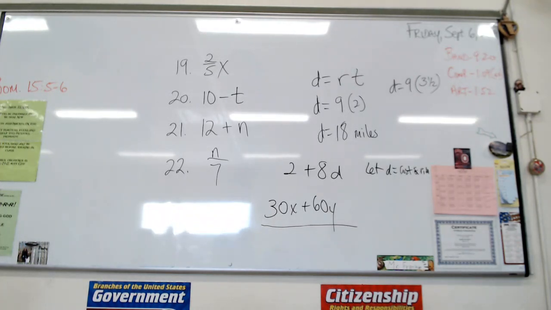Just writing that expression, 30x plus 60y, where x represents the number of 30-minute shows you watch, and y represents the number of 60-minute shows you watch. You don't know yet. I don't know how many you do, but that's just an expression. How many get it as clearly as looking out this window right here? Like you look out there, you see trees, you see houses. How many are still right here?